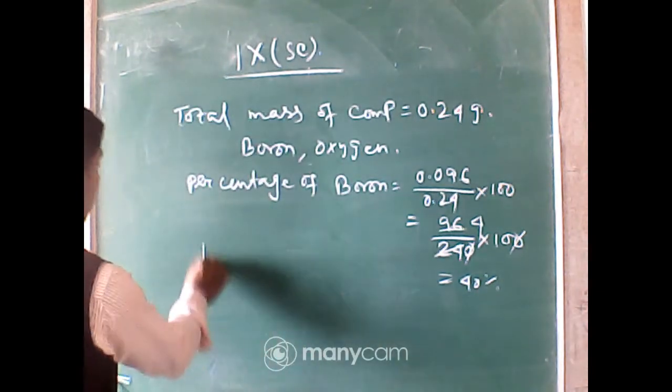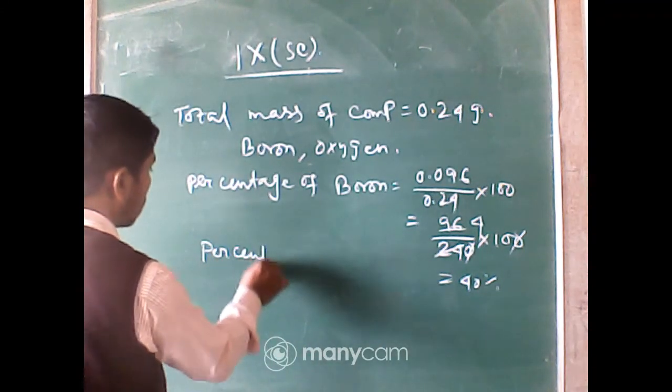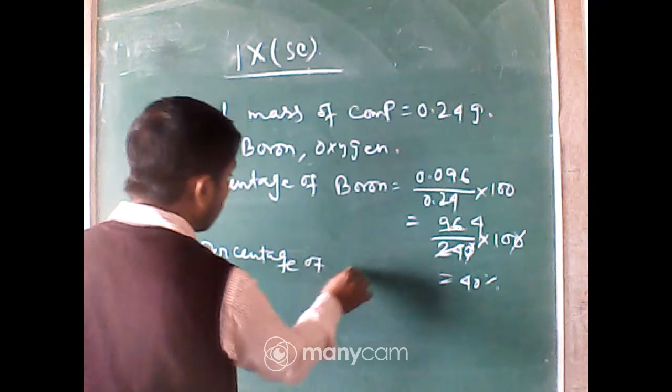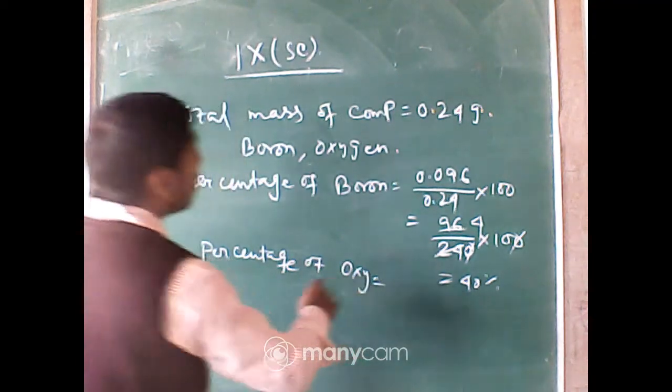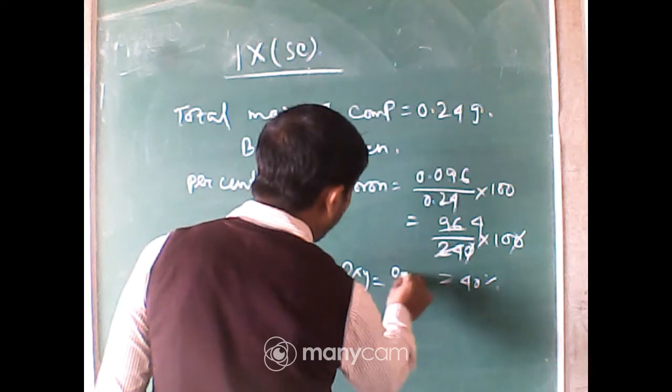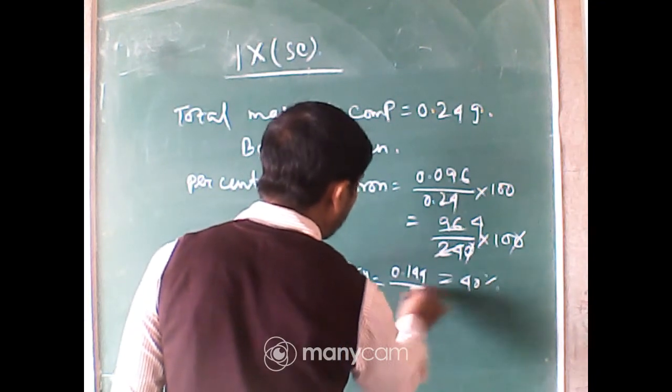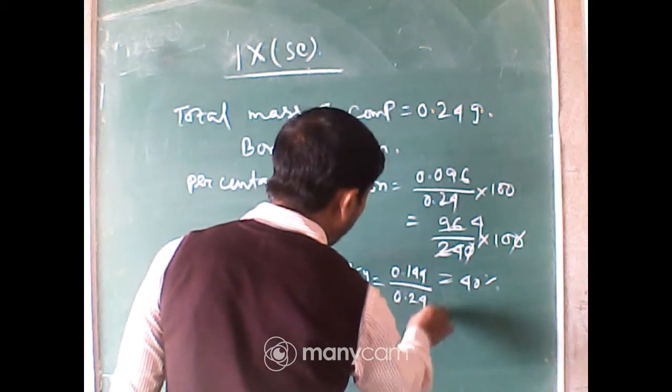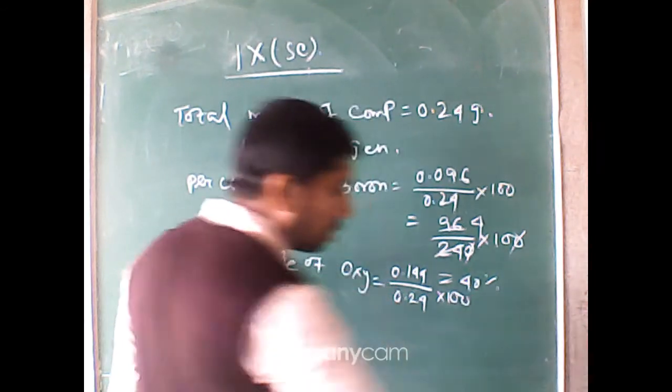And the percentage of oxygen. What is the weight given of oxygen? The weight of oxygen is 0.144. So 0.144 by 0.24 into 100.